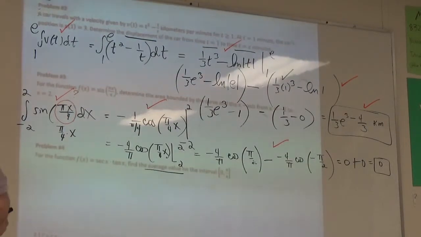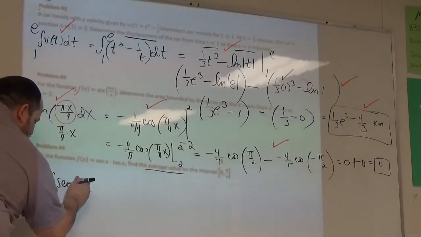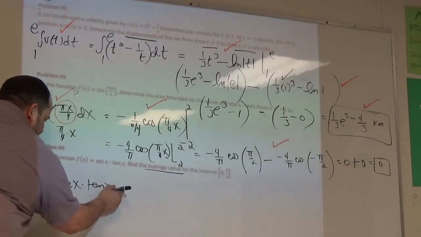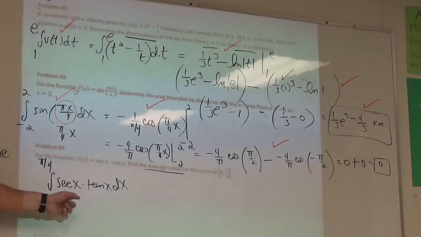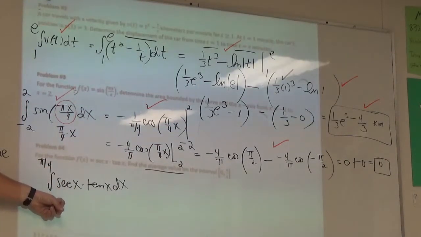Okay. Just a little side note for those of you that don't remember how to find average value. It's the integral from a to b of the function divided by the length of the interval. So in this case, you're saying it's the antiderivative of secant of x tangent of x dx from 0 to pi over 4, and I've seen this on a whole lot of papers.